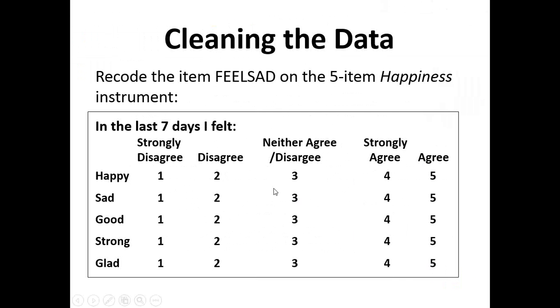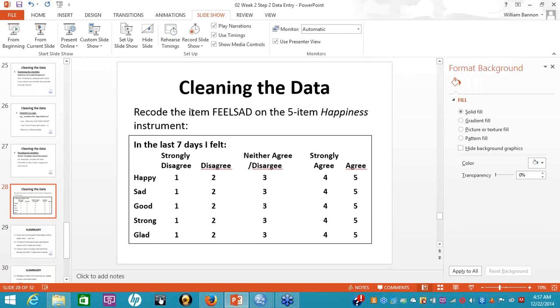We have these items, but in SAD, a score of 5, which is the highest, actually indicates the least amount of happiness. So we have to change that so that a score of 1 actually indicates the highest level of happiness. We'll do that right now.